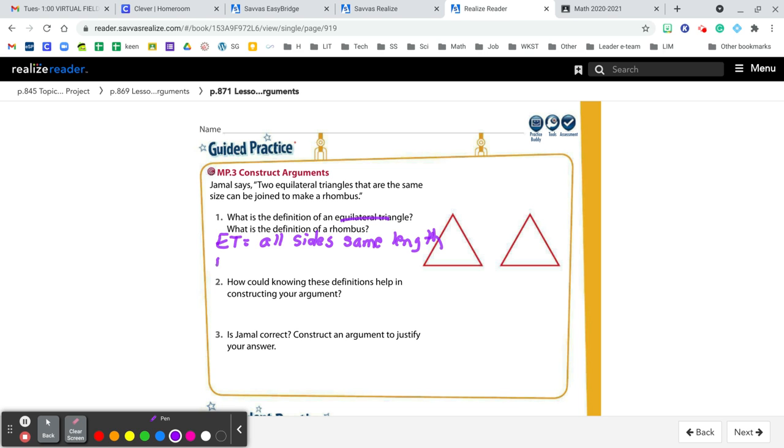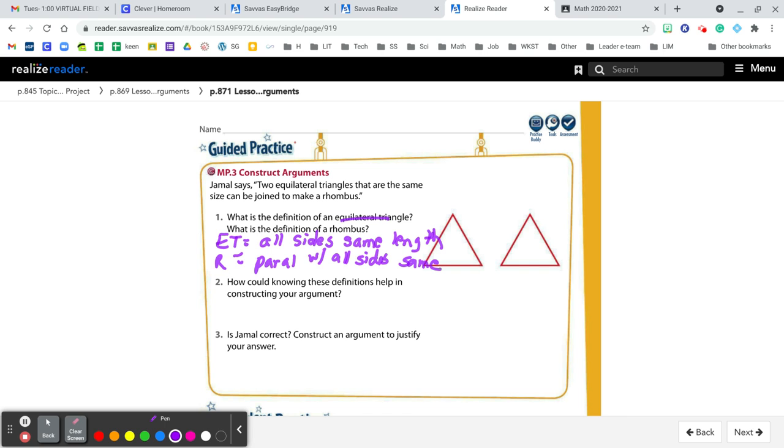And the definition of a rhombus is a parallelogram with all sides the same length. So let's get that out of the way first so we understand what we're talking about. How could knowing these definitions help you construct your argument?